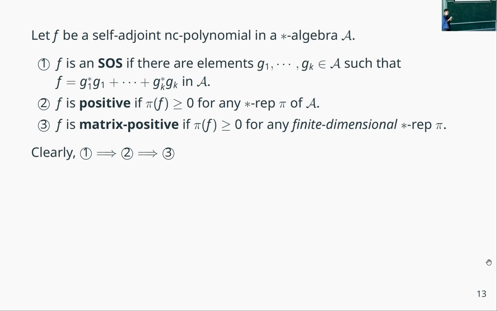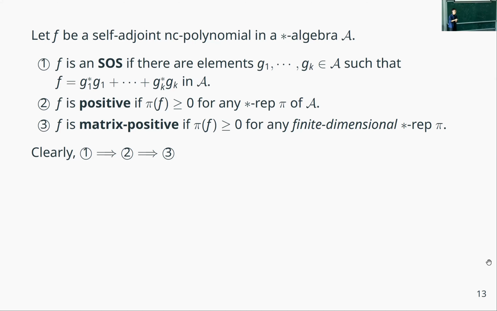And we say an element in a star algebra is positive if, applying any representation, the resulting operator is always positive. In other words, an element is positive if it is positive when you plug in any operators, possibly infinite dimensional. And we call an element matrix positive if it is positive when you plug in matrices, so it is positive on the finite dimensional representations pi of this algebra.